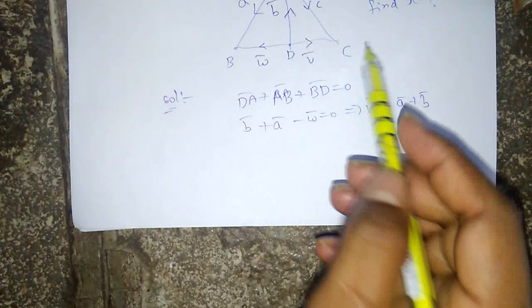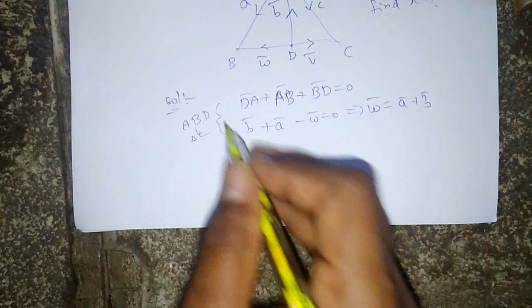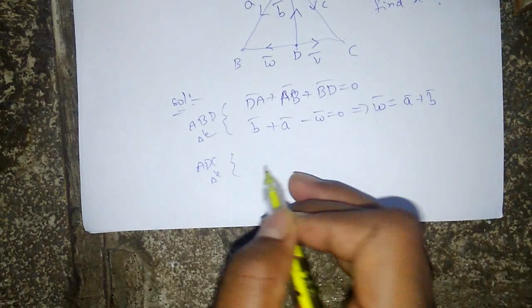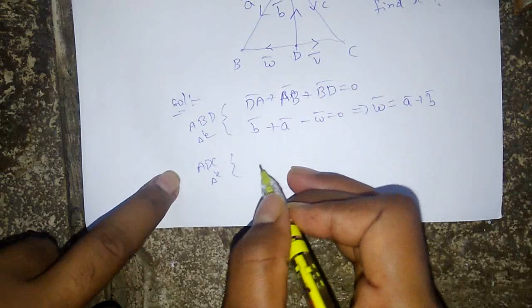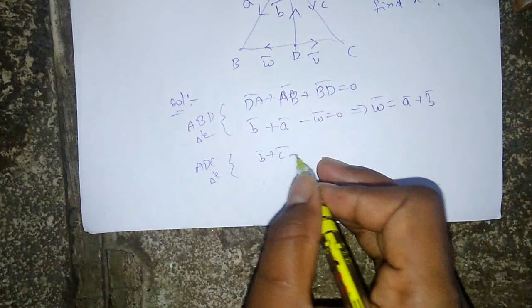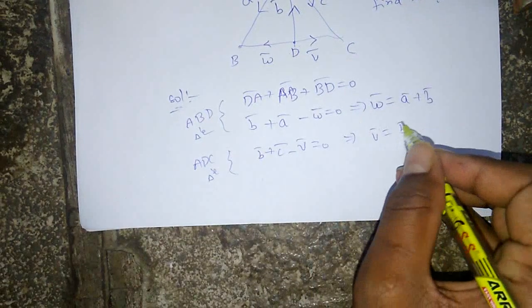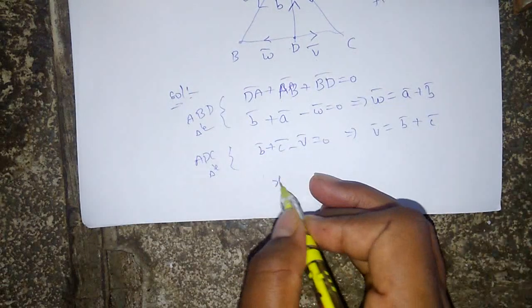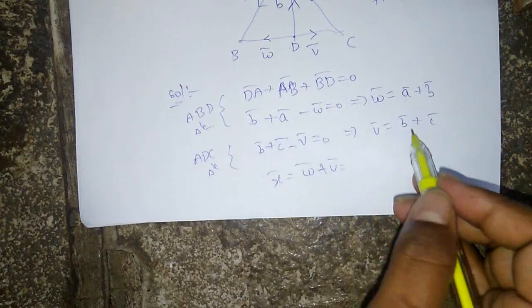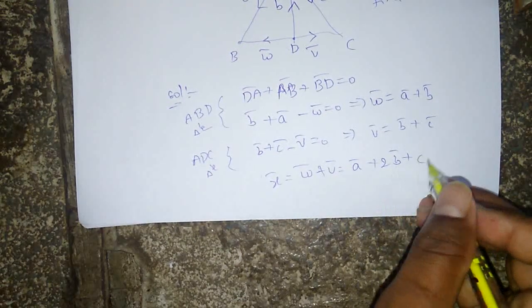Similarly, take the triangle ADC. Here also you will get B bar plus C bar minus V bar is equal to 0. Implies V bar is equal to B bar plus C bar. Now we need X bar is equal to W bar plus V bar. So add these two, you will get A bar plus 2B bar plus C bar.